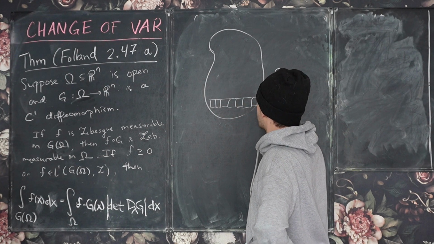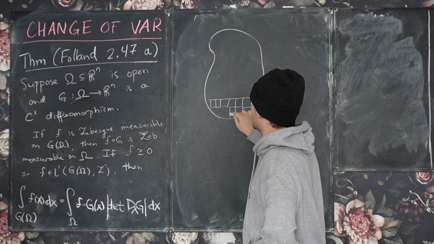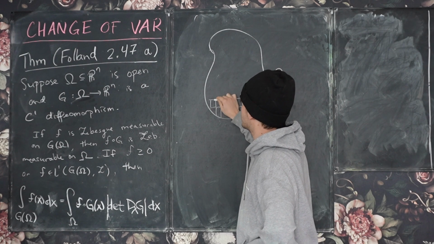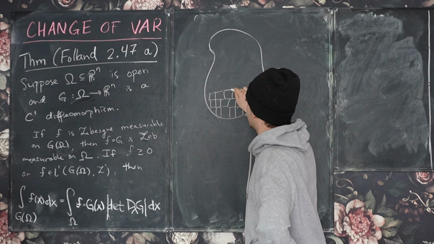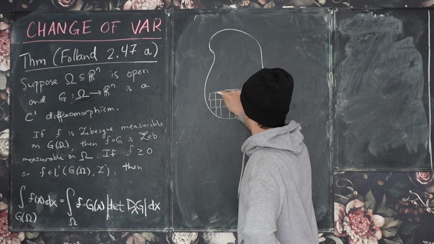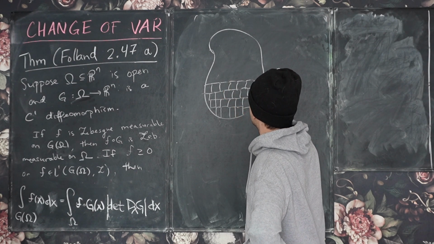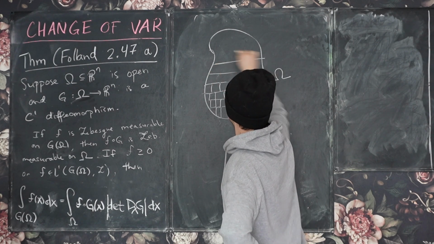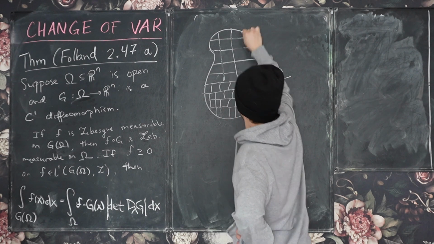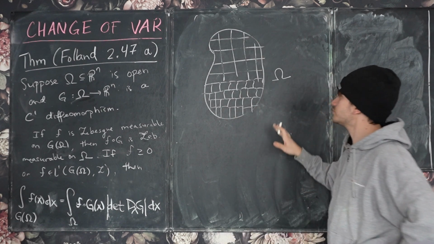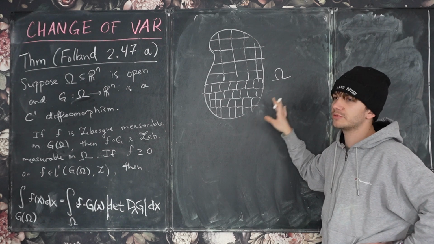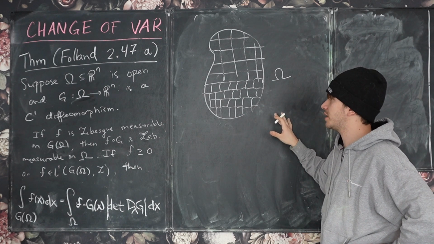So I can take boxes in Rn, cover omega with these boxes, and approximate its volume essentially by the volume of all these boxes. Okay? So basically I can cut omega into a bunch of boxes and approximate its volume by the volume of those boxes.